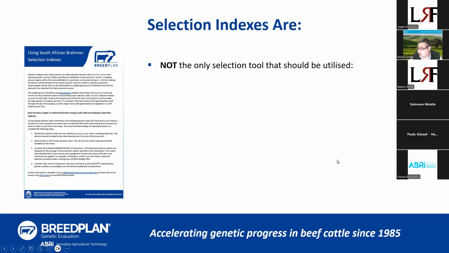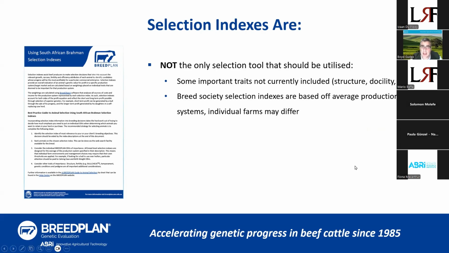Now, one thing that selection indexes are not is the only selection tool that should be utilised. Many reasons for that. Some important traits are not currently included in the indexes, things like structure, docility, etc. And we also acknowledge that these are breed society selection indexes that are based off average production systems, and individual farms are going to differ and therefore may want custom breeding objectives for themselves.